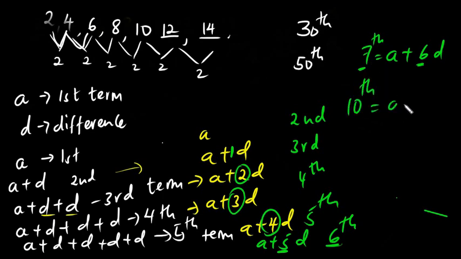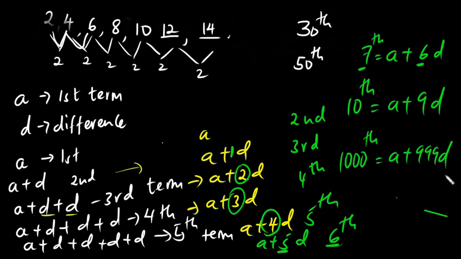It's going to be A plus 9D. I hope you have realized this particular pattern. What if we want the 1000th term, the term that is in the 1000th position? That will be A plus 999D. You can see the trend here.